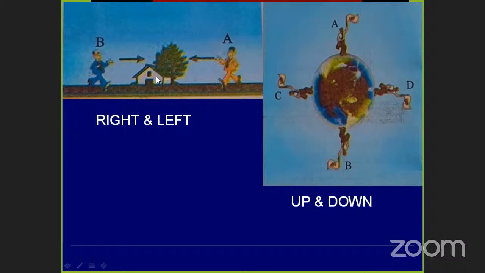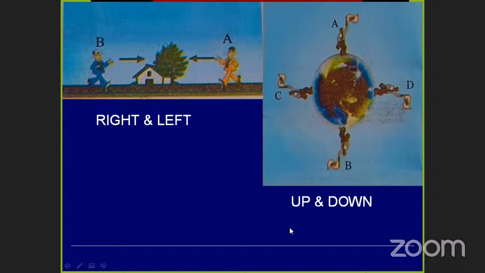Which side of the road is the house? For this question, there are two answers. One answer is, in point of view of person A, the house is present on the right side of the road. And in point of view of person B, the house is present on the left side of the road. That means the position of the house is relative to the observers. The right and left are relative to the observer.